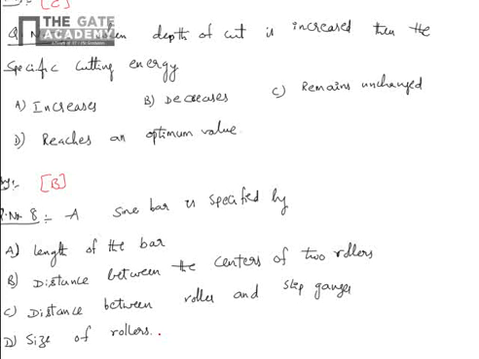If you remember what we have discussed, a sine bar is used to measure angles. A sine bar looks like a bar standing on rollers. These are the slip gauges.